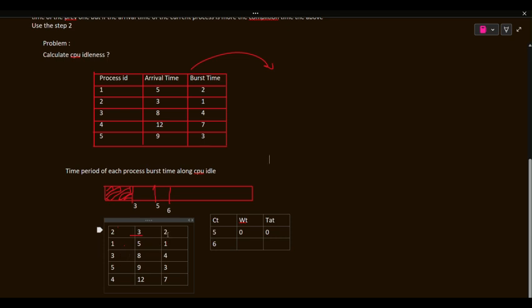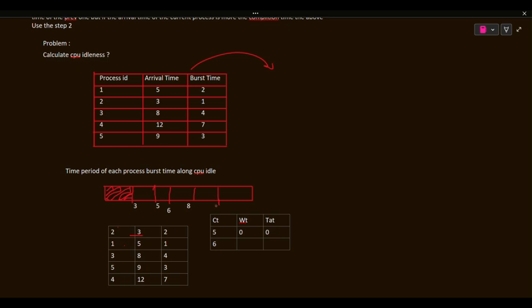And then after, the CPU was idle until process 3 arrived at 8 seconds. So the CPU was idle for 2 seconds. Then at t equal to 8, process number 3 has arrived with a burst time of 4.